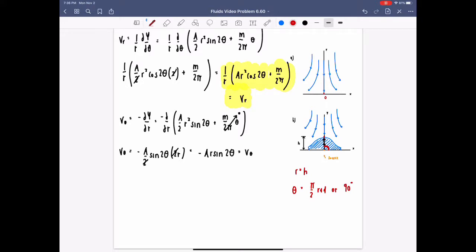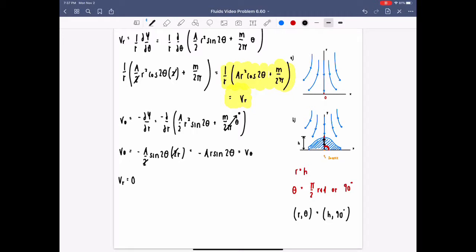And we also know that the velocity at this point here, the velocity in the radial direction, is going to be 0 because this is a stagnation point. The incoming flow is going to have to stop here, and then it's going to converge down the sides of this bump here. So continuing on, we know that the velocity in the radial direction is equal to 0, and we actually have some points here. So r, theta, we know this is equal to h, 90 degrees.